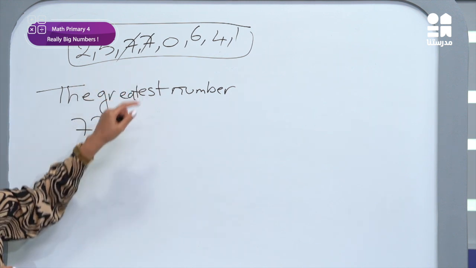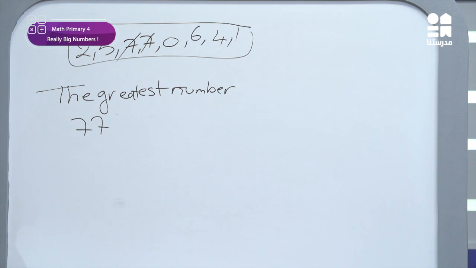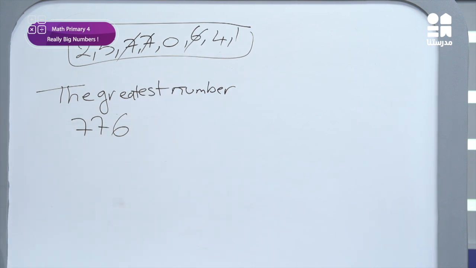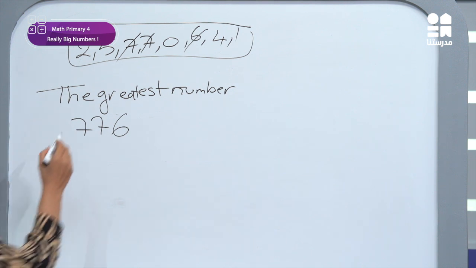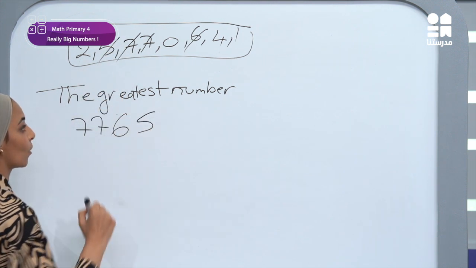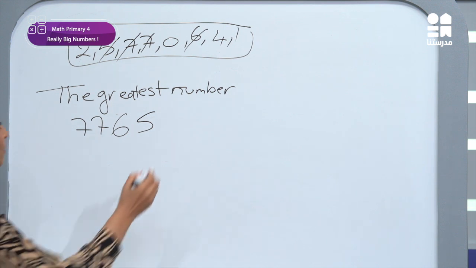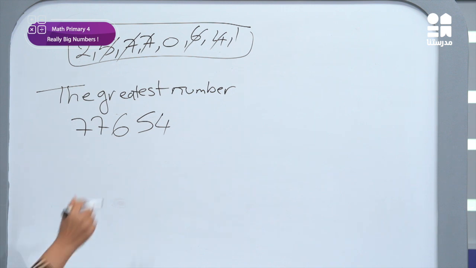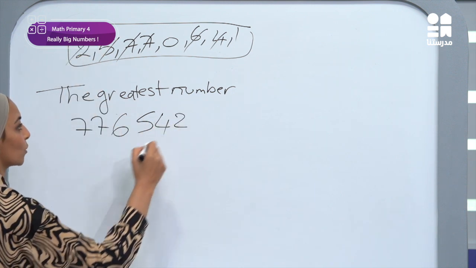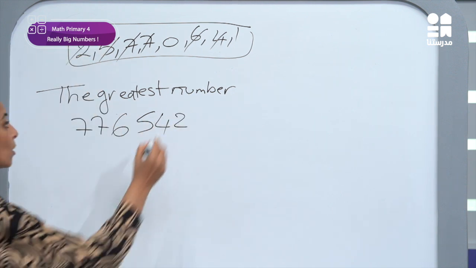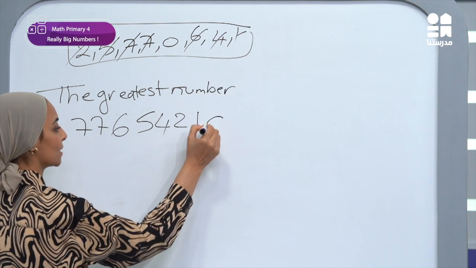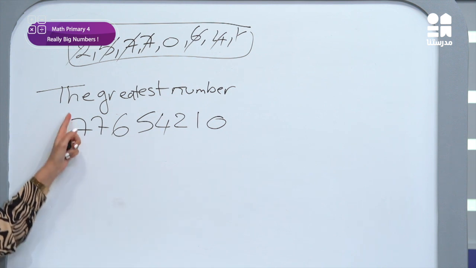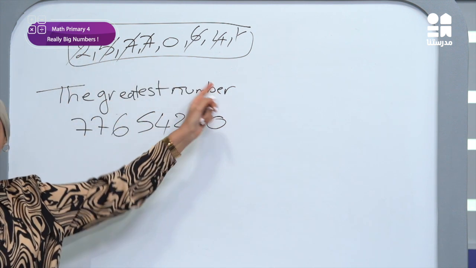Which digit is a little bit smaller? Yes, 6 is a little bit smaller. Then which digit is a little bit smaller? 5. Excellent. Then which digit is a little bit smaller? 4. And then what should I write? Yes, 2. And then which digit is a little bit smaller? 1. And finally 0. So this is the greatest number I can form using these digits.